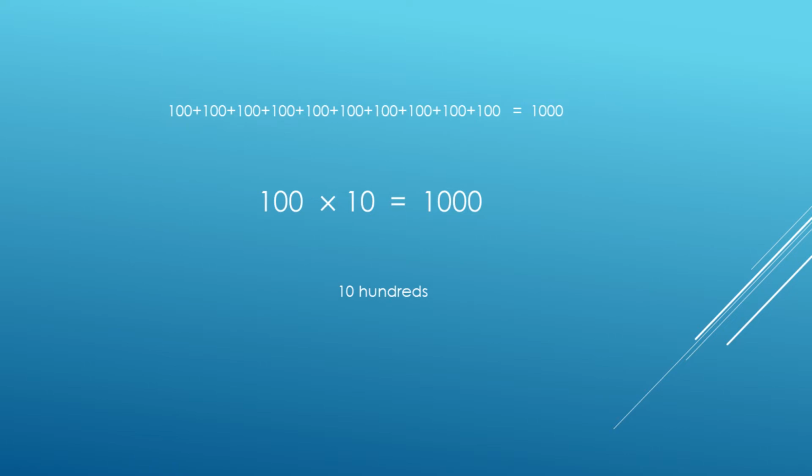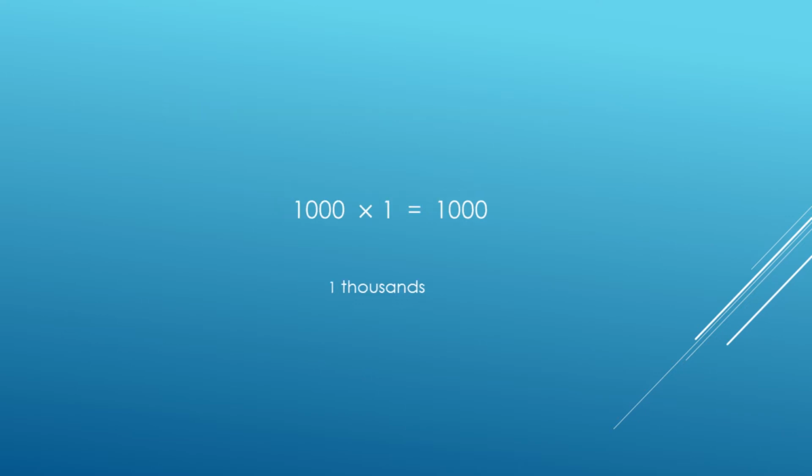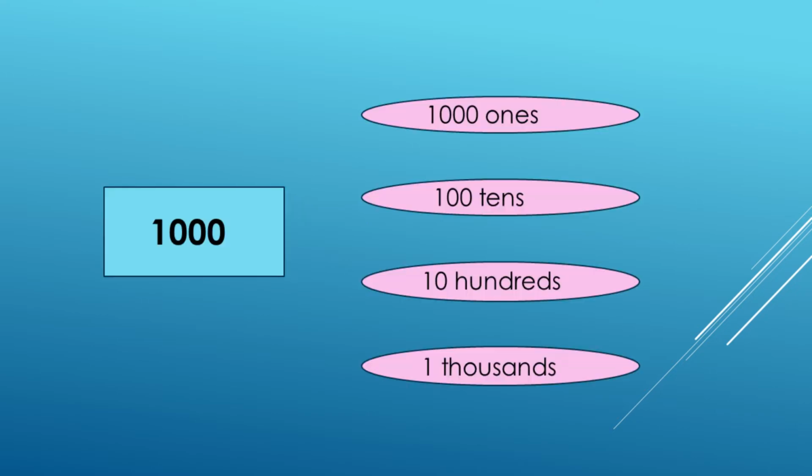If we add 100 ten times, we get 1000. That means there are 10 hundreds in 1000. In 1000 there is only 1 thousand. So we can say that different forms of 1000 are 1000 ones, 100 tens, 10 hundreds and 1 thousand.